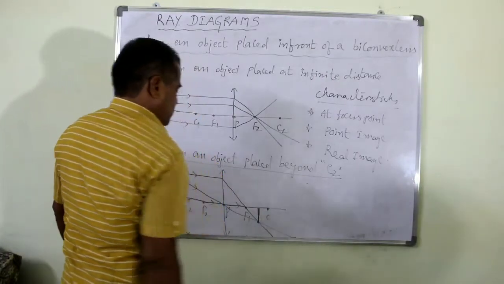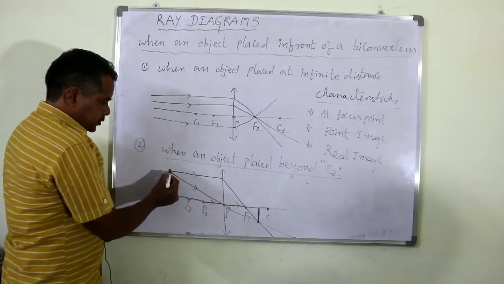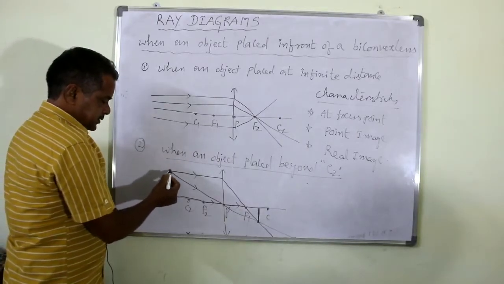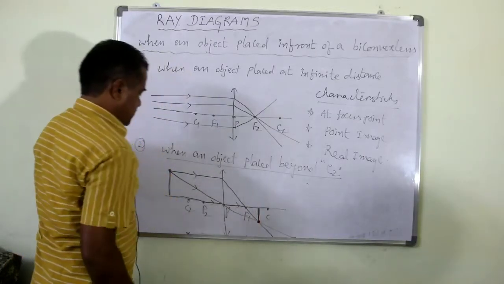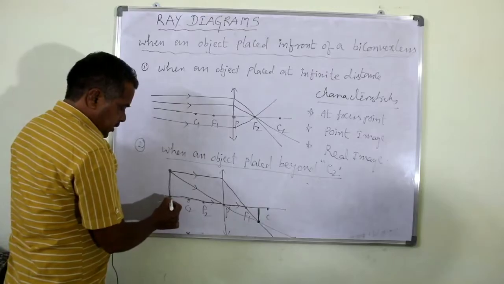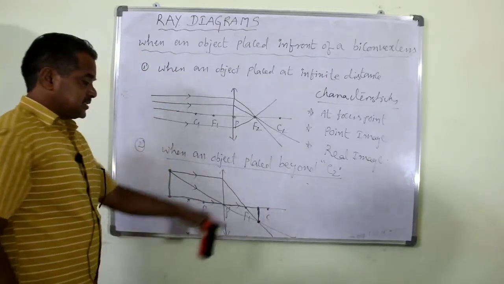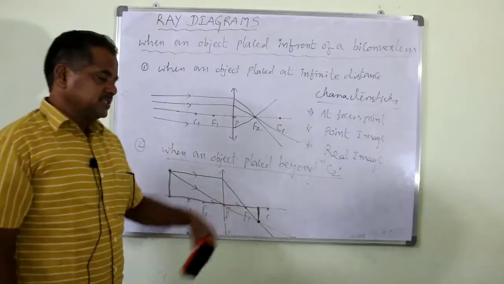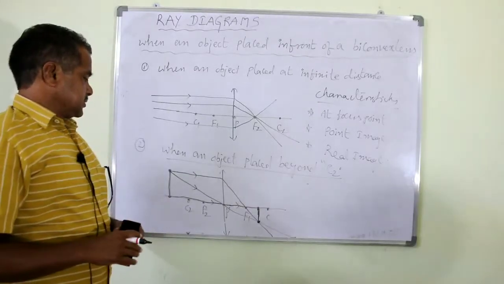We get the image. Here, the top portion of the object is formed at the bottom portion of the image, and the bottom portion of the object is formed at the top portion of the image. That's why we can say that this image is inverted. Any image which is inverted is called a real image.